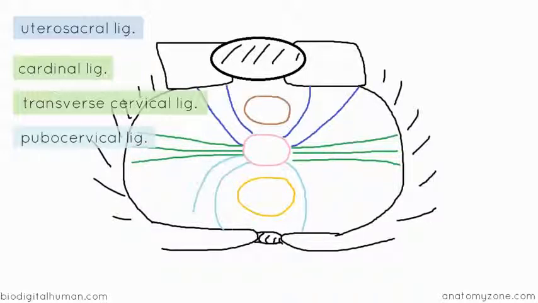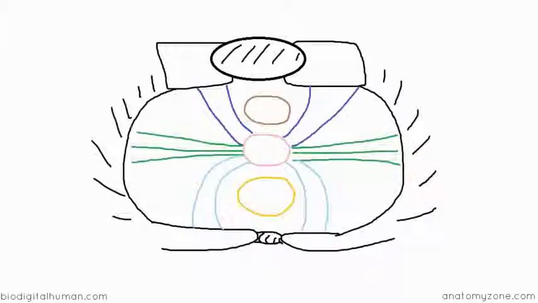This ligament extends forwards from the cardinal ligament onto the pubis on either side of the bladder. Those three ligaments, together with the levator ani muscle, which forms the bulk of the pelvic floor, are responsible for supporting the cervix and the uterus, and also the vaginal vault.